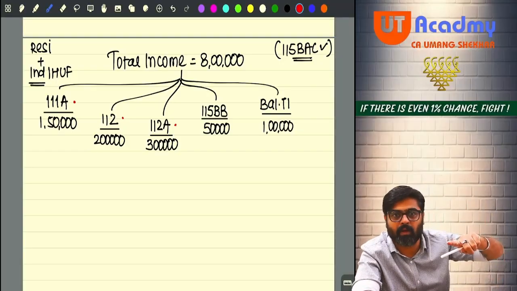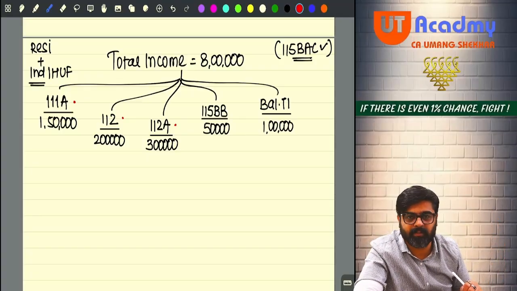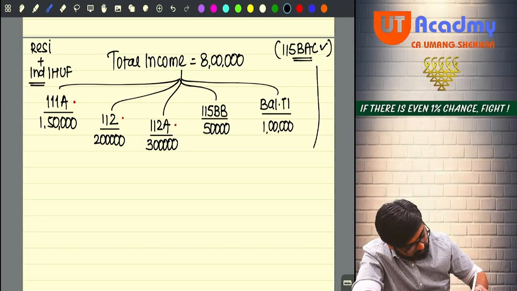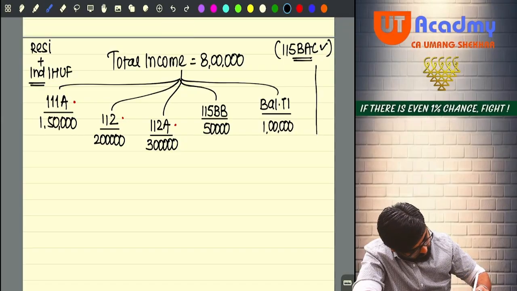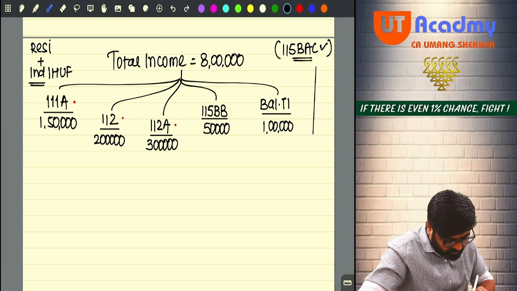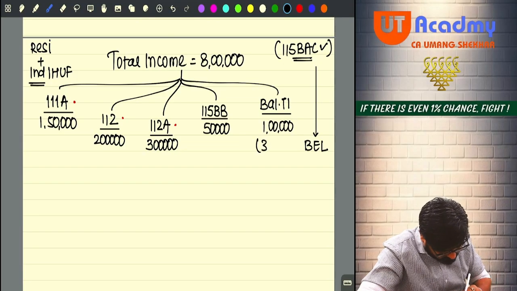Now I will not apply normal rates, I will apply 115BAC rates. So the basic exemption limit under 115BAC is 3 lakhs, no?